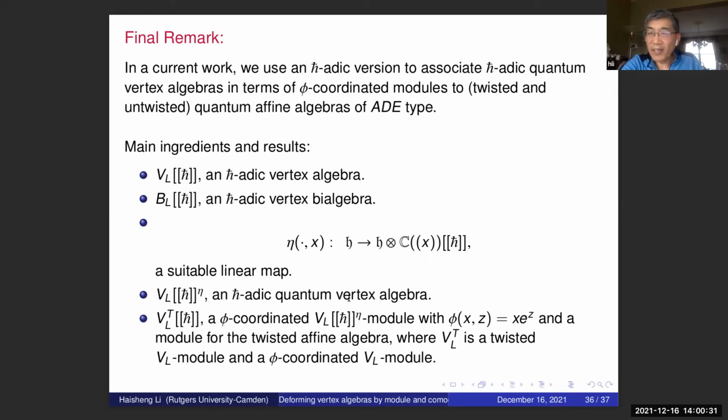But the vertex algebra is not a module for the twisted algebra. The twisted affine algebra is still a module for the untwisted algebra. So here it is the same thing. Even if you start with a quantum affine algebra with a module, you get a quantum vertex algebra, which is not a module for the quantum affine algebra. So the spirit is the same thing.